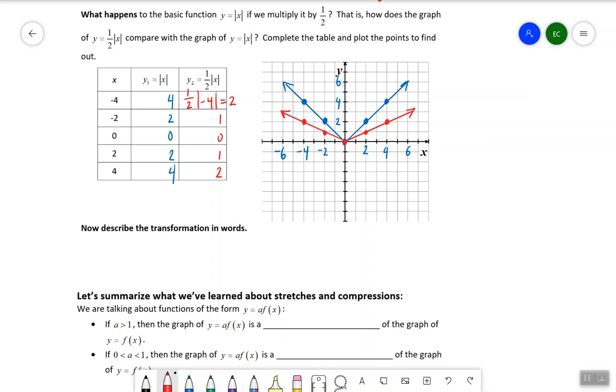Points that are above the x-axis get pushed down toward the x-axis. So we're going to call this a vertical compression. And again, we could put the factor in there. We could say by a factor of 1/2.